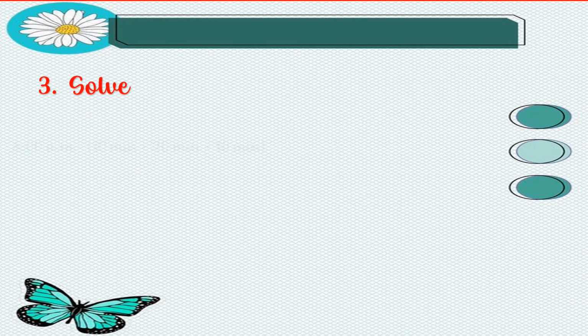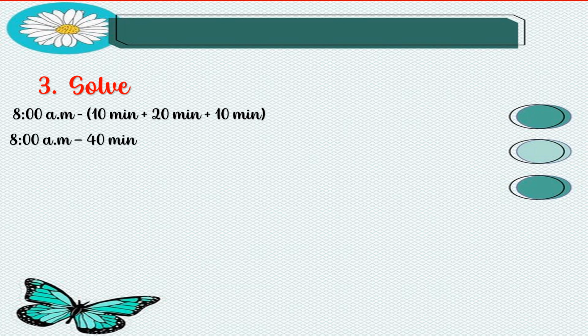So let us now solve. So 8 AM minus 10 minutes plus 20 minutes plus 10 minutes, that is, so when we add 10 plus 20 plus 10, that is equivalent to 40 minutes. So that is 8 AM minus 40 minutes, and the answer is 7:20 AM.